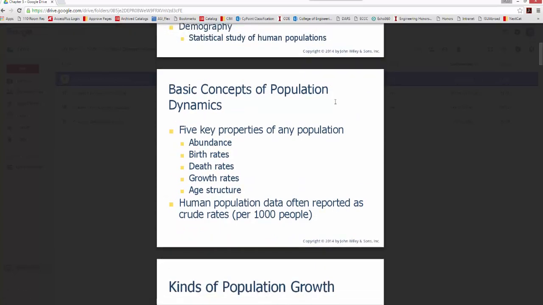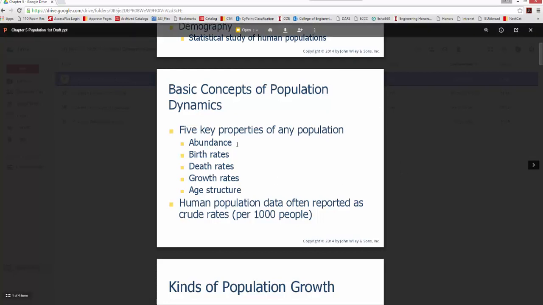Now, if we look into the concepts related to population dynamics, there are several properties of any population, and we'll define each of these in just a few slides, but we'll talk about abundance, birth rates, death rates, growth rates, and age structure.